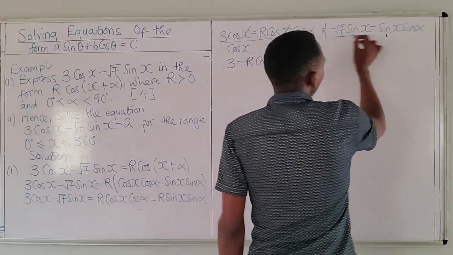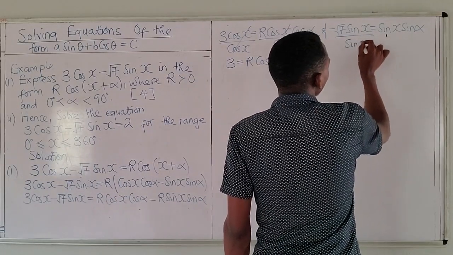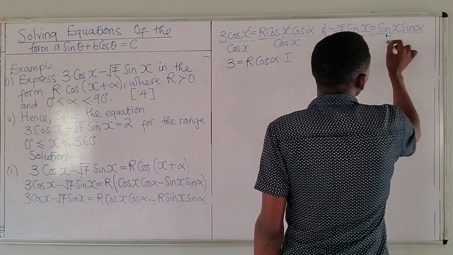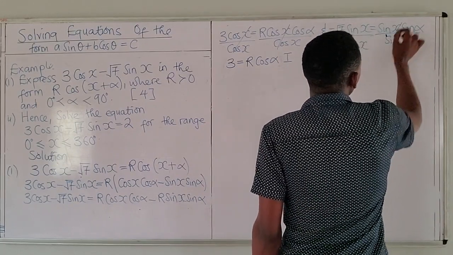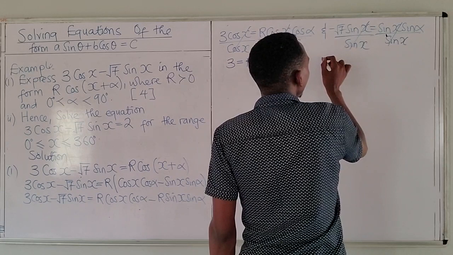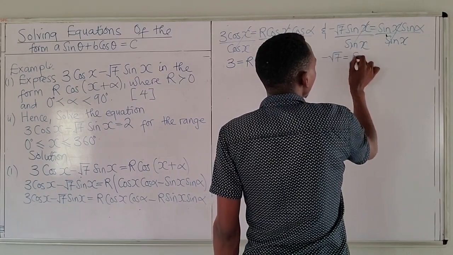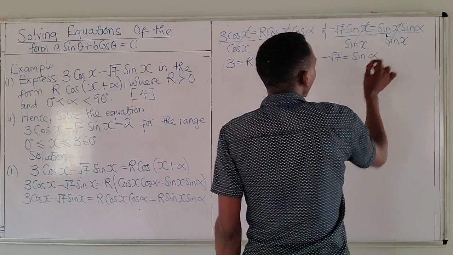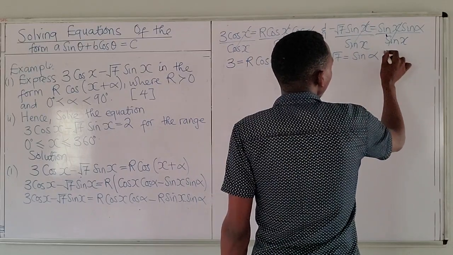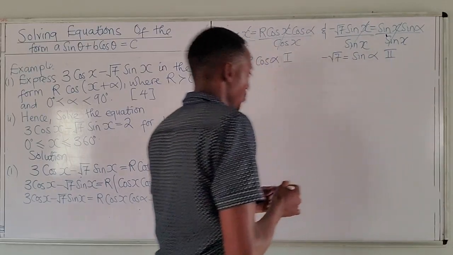On this side we also divide by sin x, and remain with negative root of 17 is equal to r sin alpha. This becomes our equation 2.